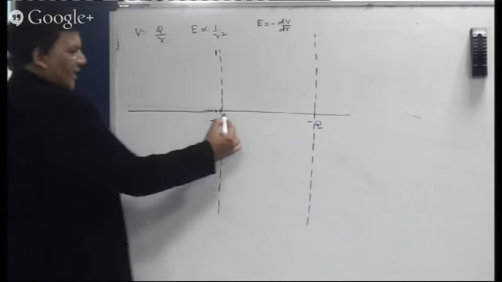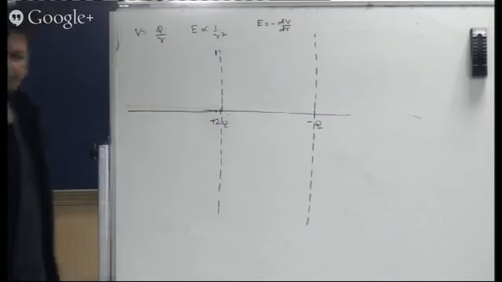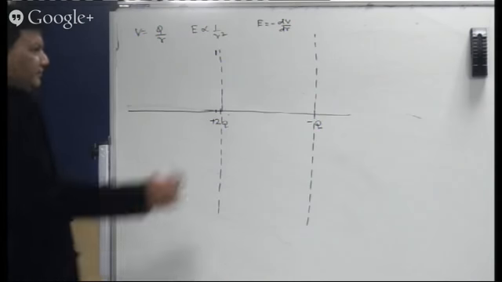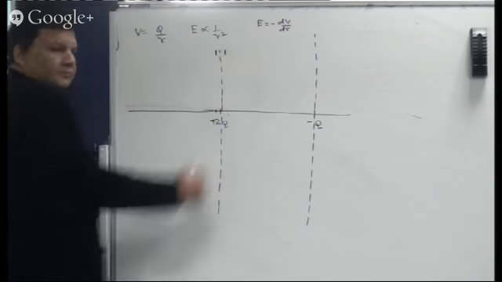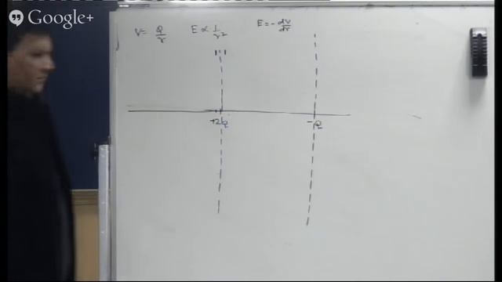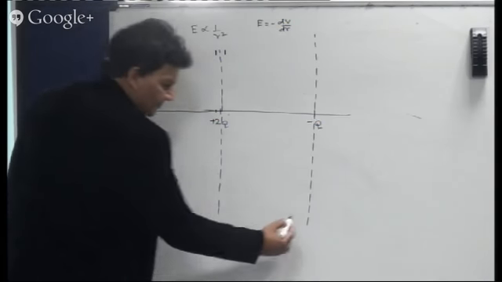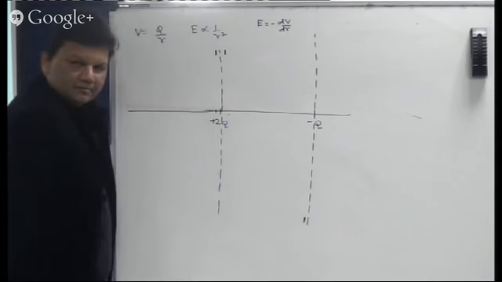On the right hand side, is the potential plus or minus? Positive or negative? Charge is positive and the distance is very small, so it will tend to infinity. This charge is negative, so the potential will be negative, and it will be infinity here.